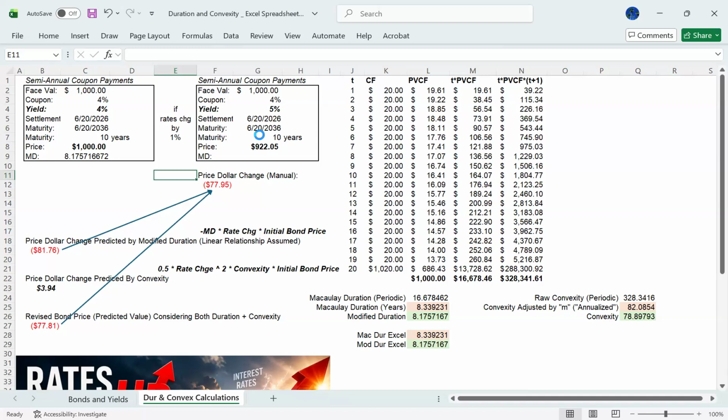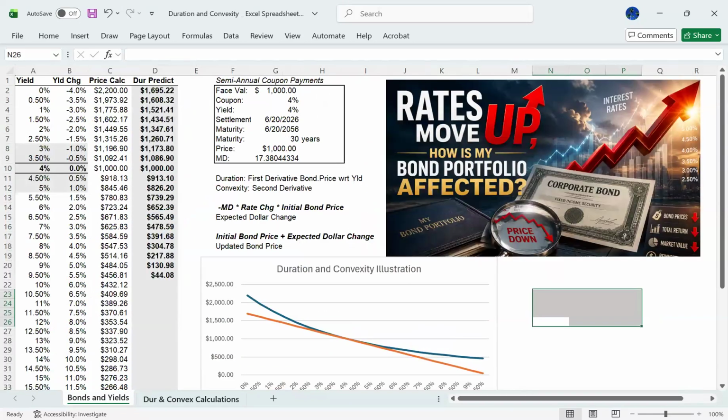But if you're expecting 300 basis points, which is very unlikely, then duration and convexity are not likely the best way to go, because you're going to be further apart from the actual dynamics, from the actual relationship between bond prices and yields. So now I hope this helps.